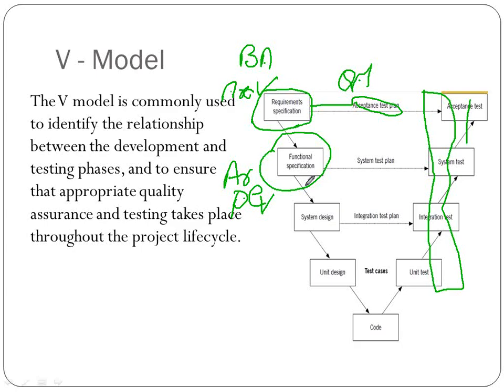So now what are you doing? Development and architect are writing those functional specifications. But what is QA doing? QA is writing a system test plan or functional test plan. You're just writing the test plan here.